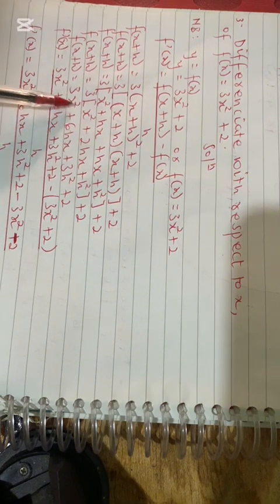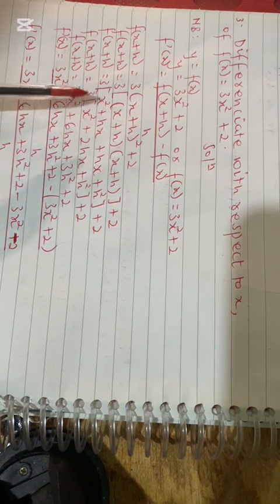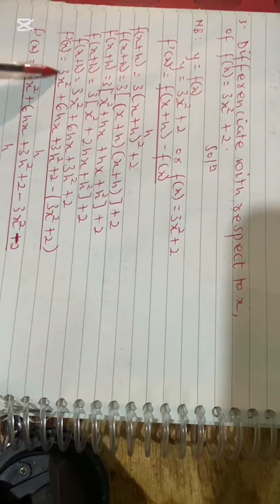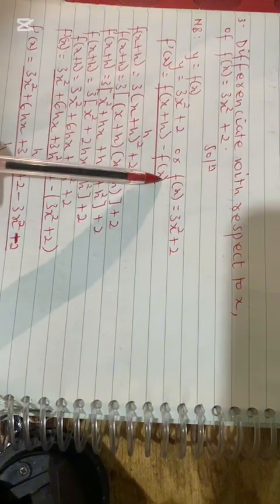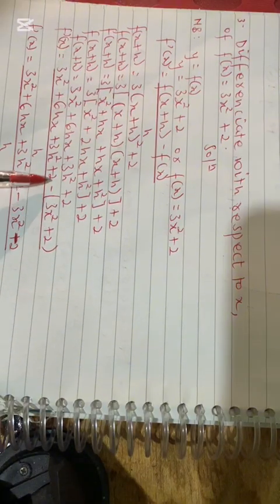So now that we have found f of x plus h, let's go ahead and use our formula to calculate for the f prime of x. So the formula is f of x plus h, which is the whole of this, minus f of x. f of x is the same as the function, which is what? 3x squared plus 2. Please, I can always say that, put them in brackets.